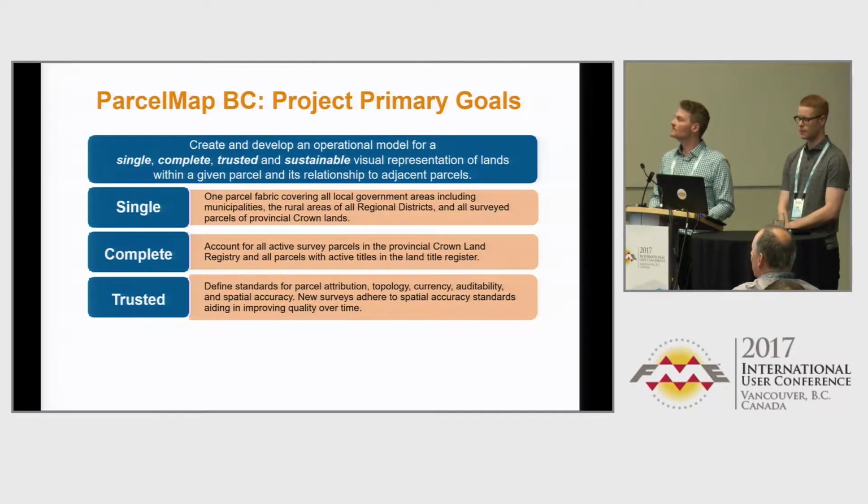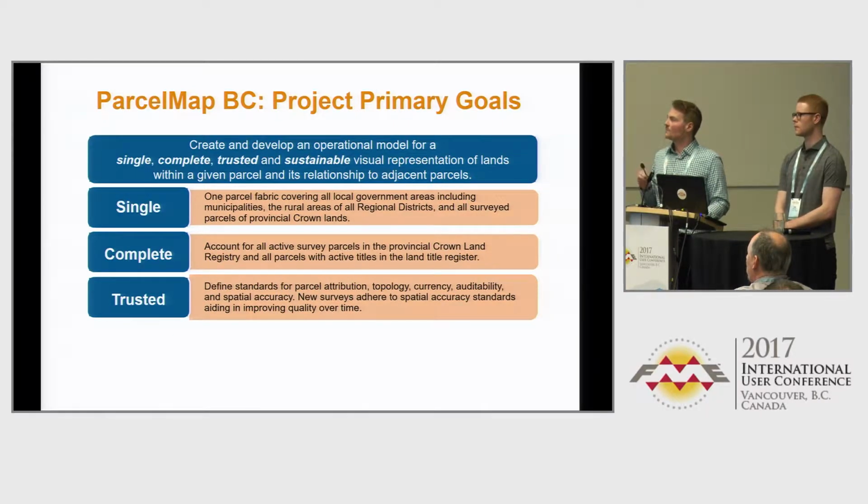It's trusted. We have defined operations, we have defined attribution, we have specifications for survey plan data sets that are being submitted by surveyors, and we have operating procedures that have been approved and rigorous acceptance tests for both system integration components as well as data integration components.